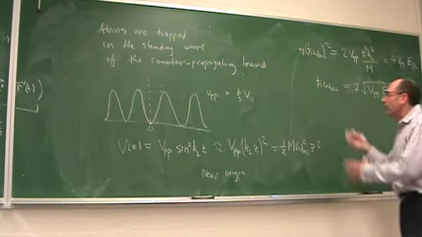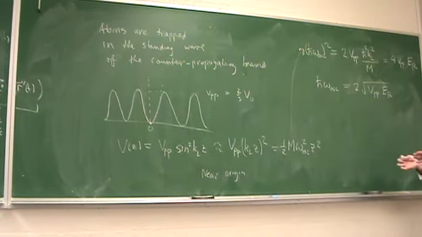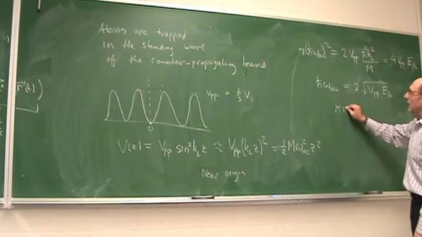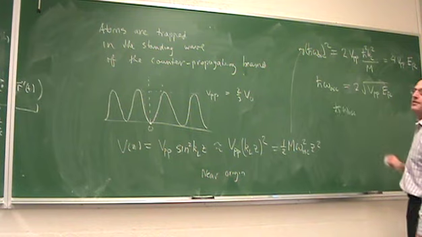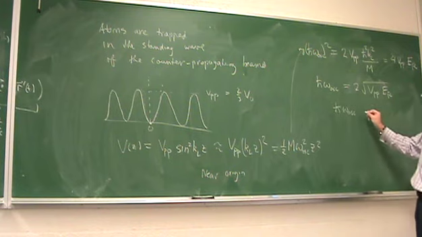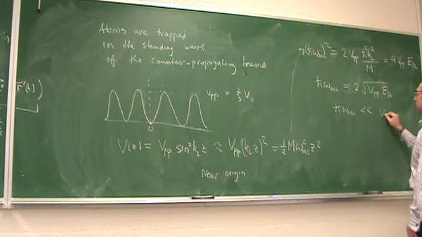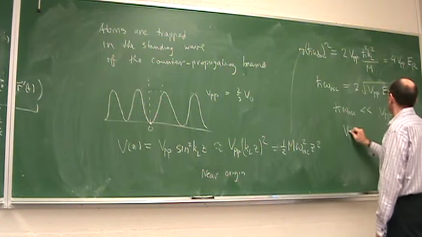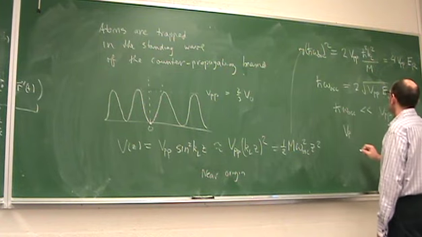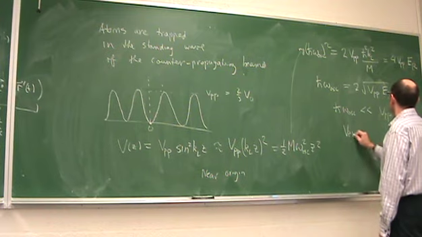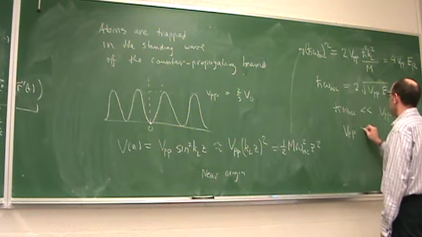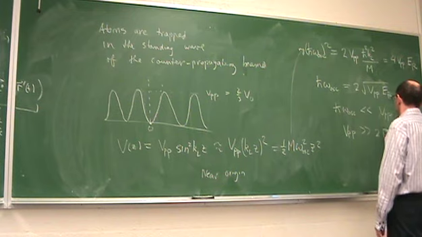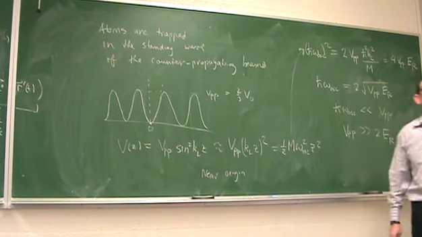Okay, so for this harmonic oscillator approximation to make sense, we want the oscillation frequency to be much, much less than the peak-to-peak depth, which is to say the peak-to-peak depth must be much, much bigger than twice the recoil energy.